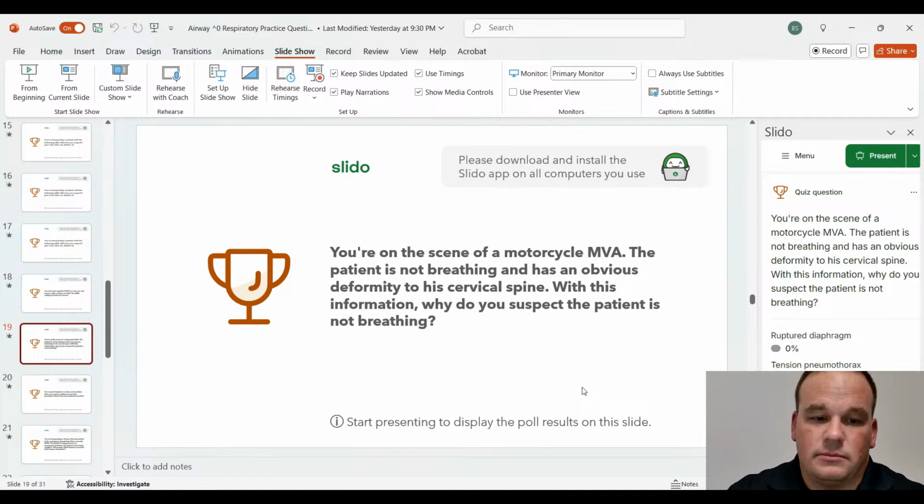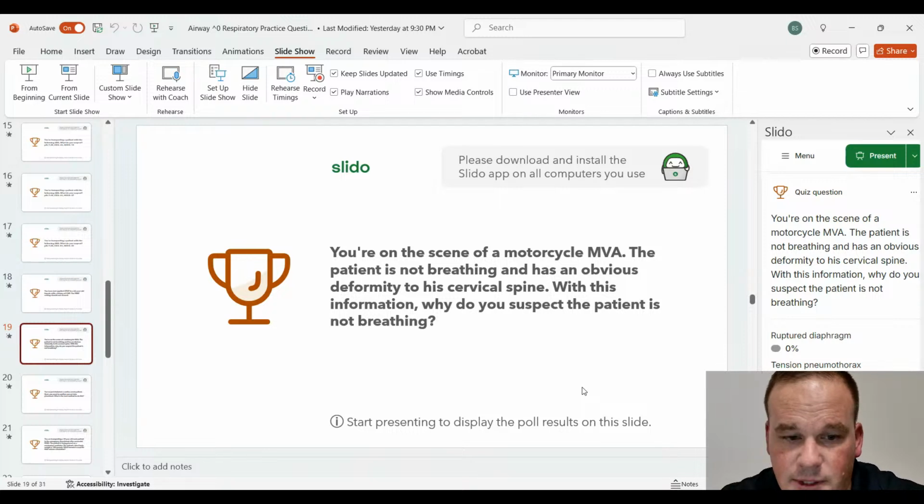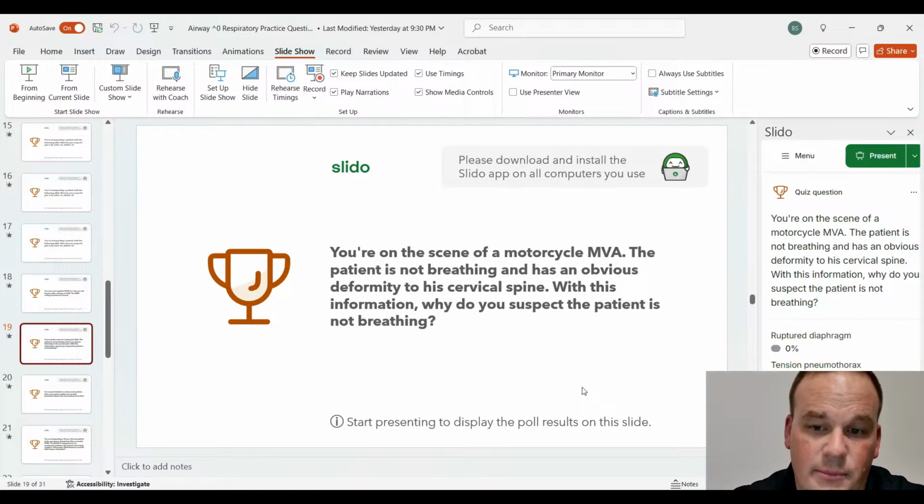So we got a motorcycle wreck. The patient's not breathing. He has an obvious deformity to his cervical spine. The question is giving us that information for a reason, right? It must be pertinent to how I get to the answer. So disruption of the phrenic nerve is correct. So a ruptured diaphragm, absolutely.